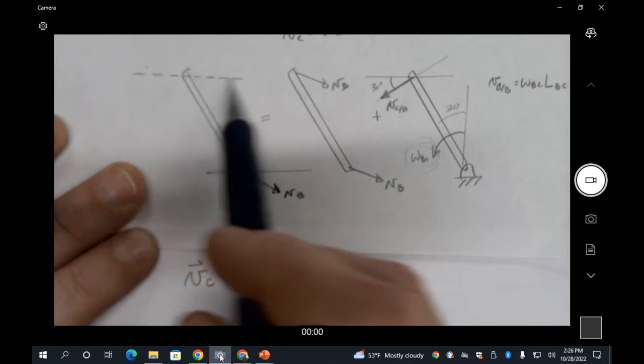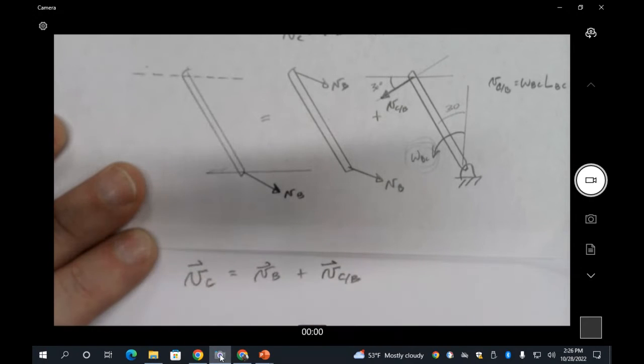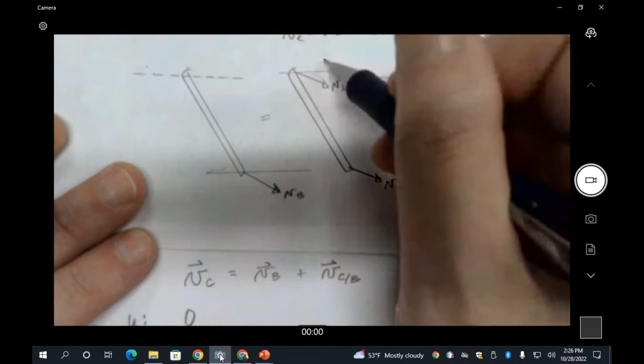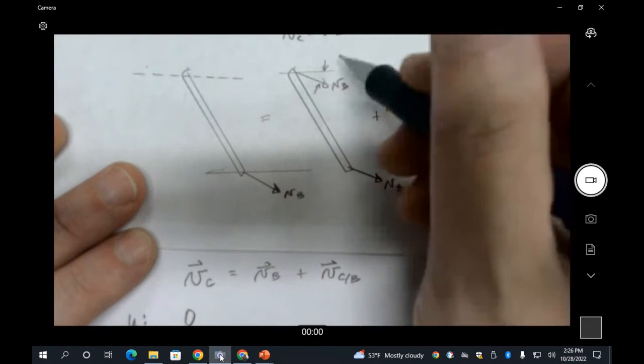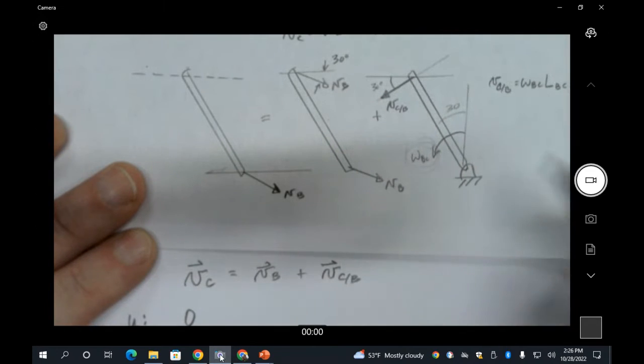Because we want to know the velocity of C, he's our main guy, but he's going to be 0 in the y direction. So breaking this down into the y component, we could say that it's going to be 0 here. I should have drawn this out right here. So this was 30 degrees.